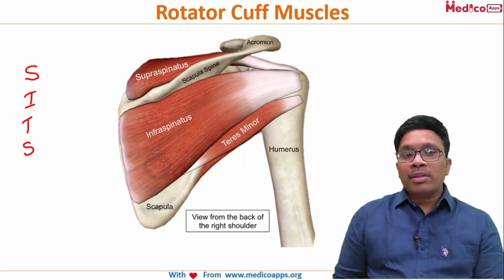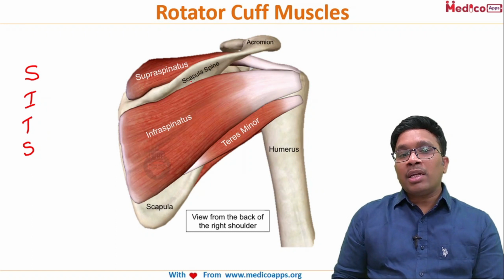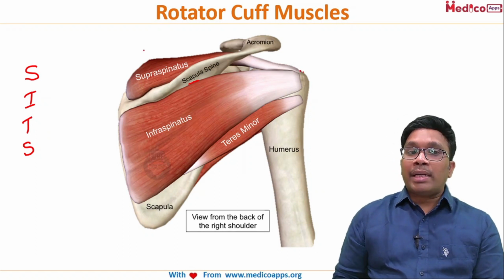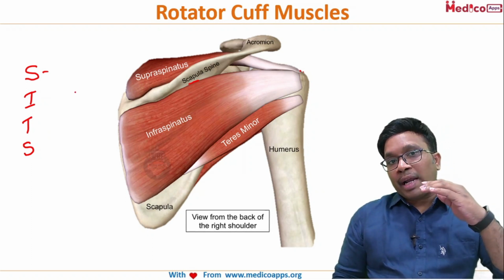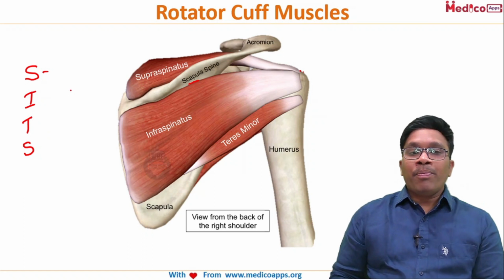For example, the supraspinatus originates above the spine of the scapula, courses under the acromion, and inserts on the greater tuberosity. So you can easily predict that when this muscle contracts, the shoulder is going into abduction.